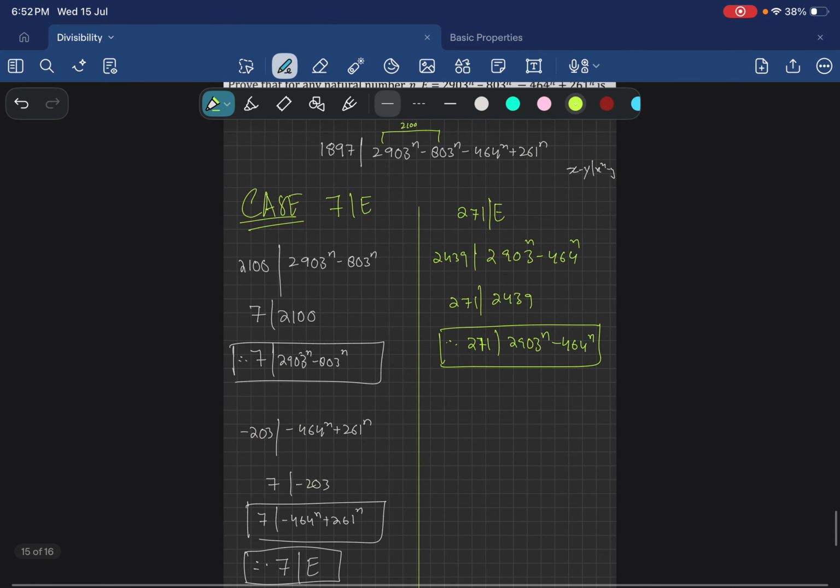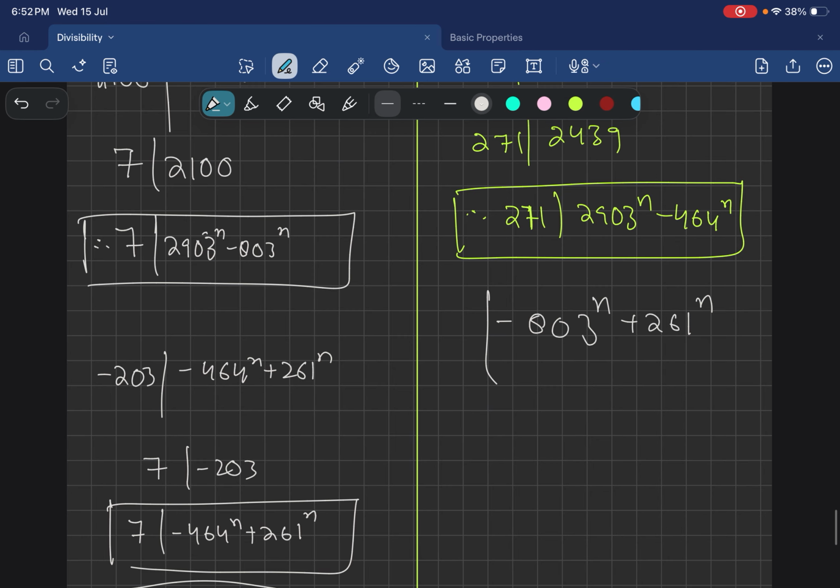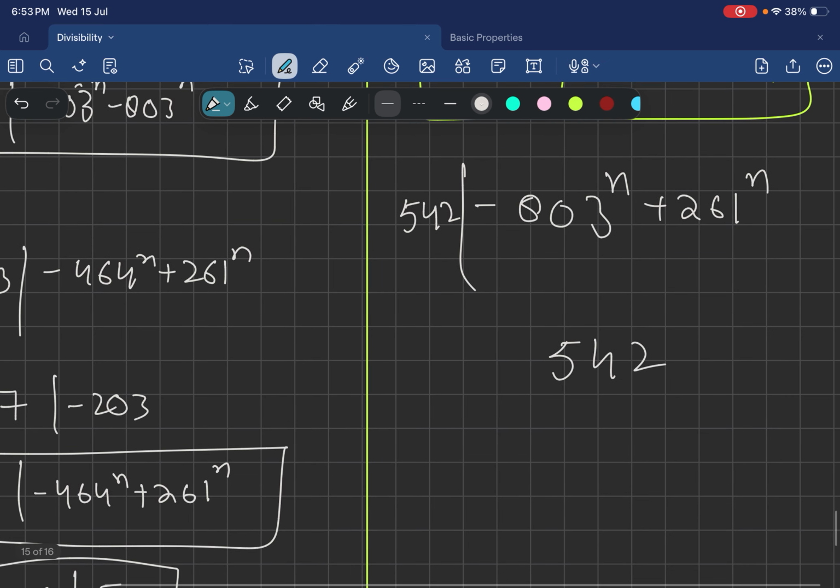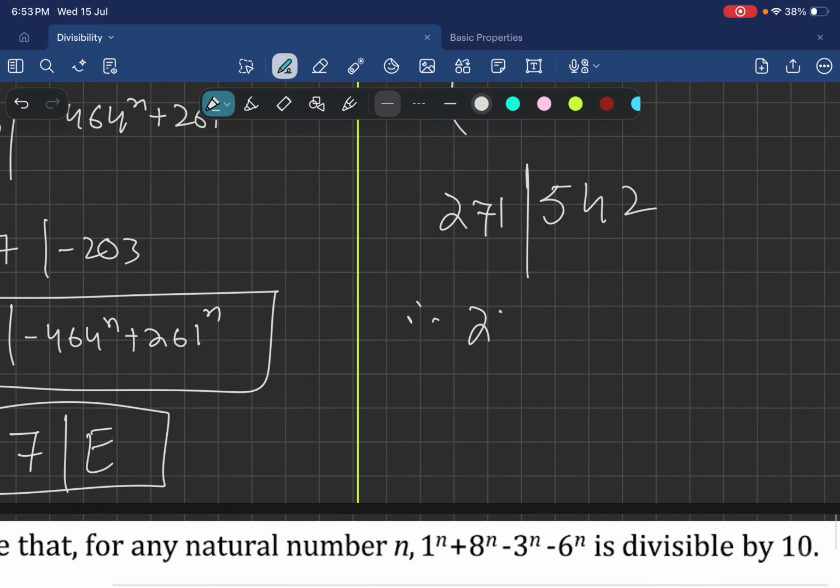Now looking at the remaining last two terms, which are minus 803 to the power n plus 261 to the power n, we are left with 803 plus 261, which is 1064... taking the difference as in the video, 542 divides this, and we know that 542 is divisible by 271.